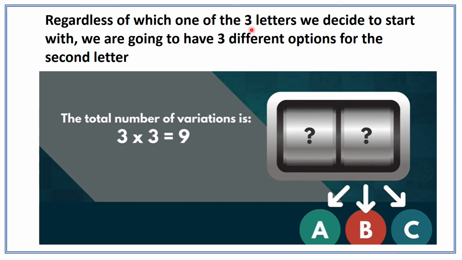Regardless of which of the three letters we start with, we will have three different options for the second place. So the total number of variations I can make is 3 on the first bar and 3 on the second bar. 3 times 3 is equal to 9. So the total number of variations I can make is 9 while proposing a passcode for this lock.